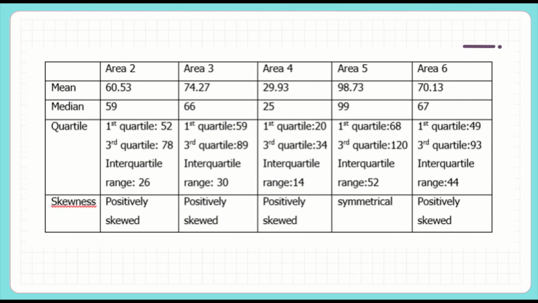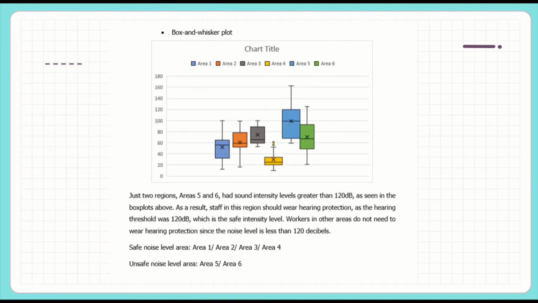So the interquartile range is 52 and we got the skewness as symmetrically distributed. And for area 6, the mean is 70.13 and the median is 67. The first quartile is 49 and the third quartile is 93. So we got the interquartile range as 44. So it is positively skewed.